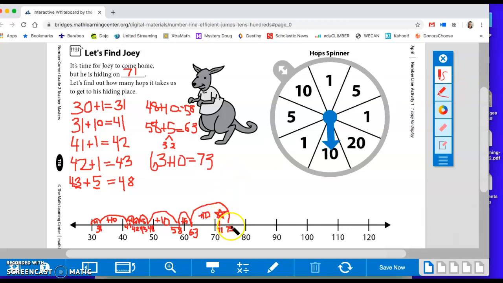I'm going to stop the game right here, right now, partially because I'm running almost out of time, but I want you to tell a family member at home what you would have to roll in order to get to Joey's hiding spot. Right now, I am at 73. Joey is hiding at 71. What would you have to do in order to get to Joey's hiding spot?